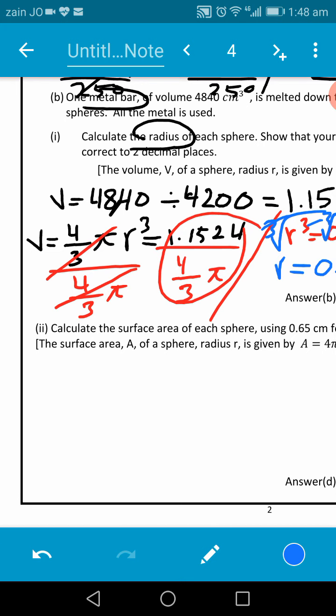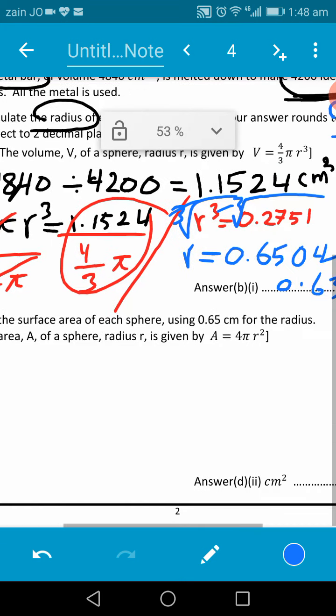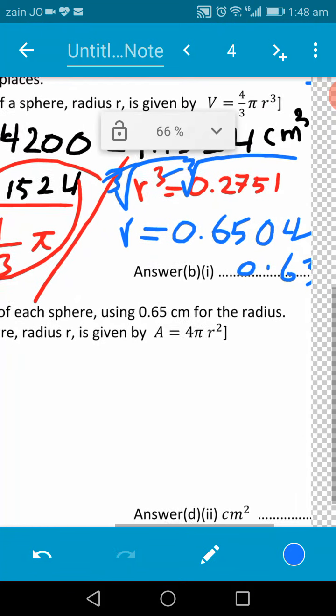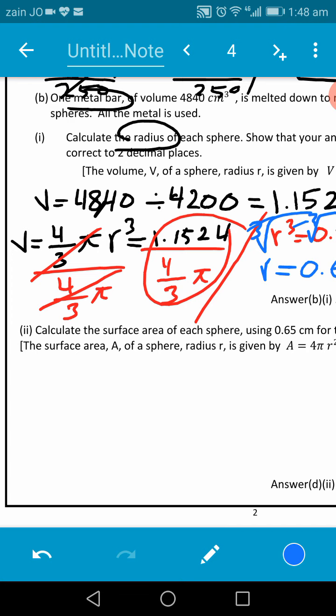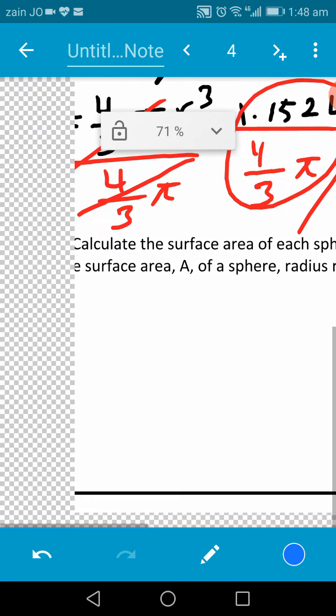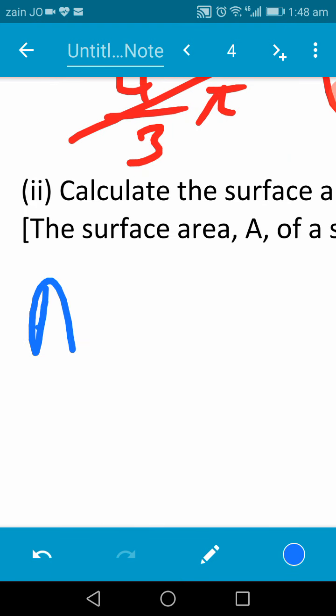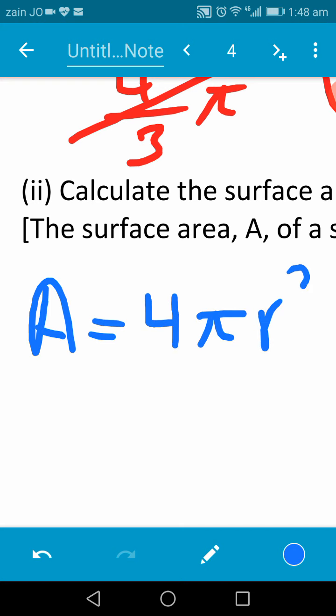Calculate the surface area of each sphere using 0.65 for the radius. We need to calculate the surface area. The surface area rule is A equals 4 pi r squared, right?